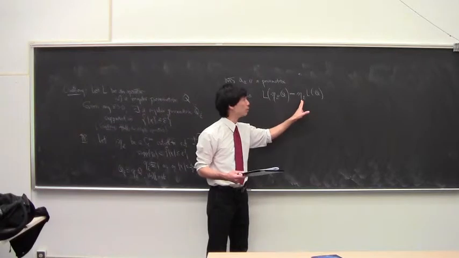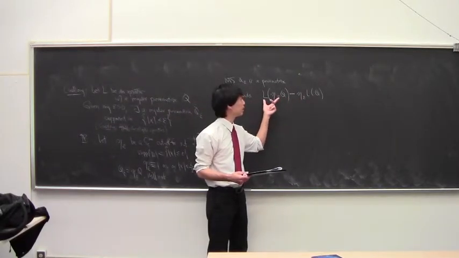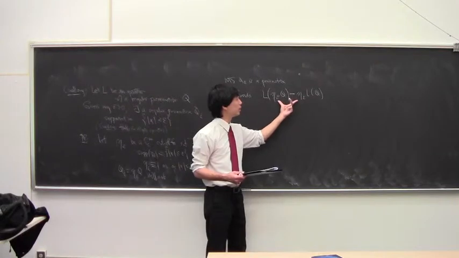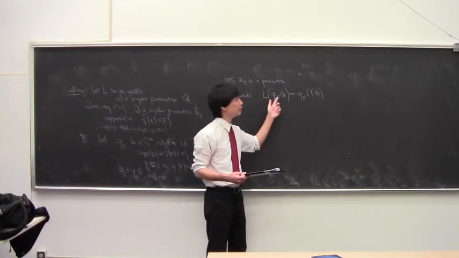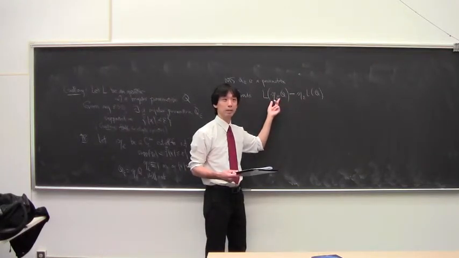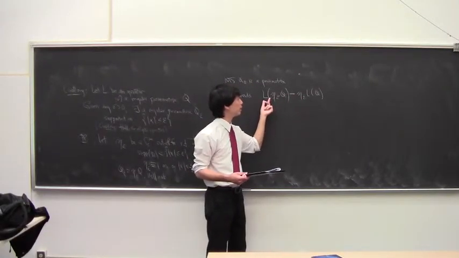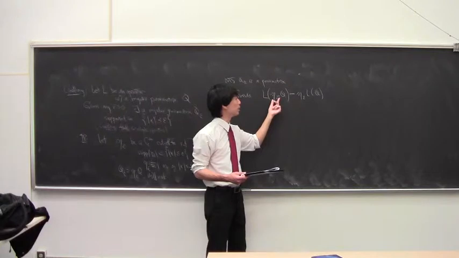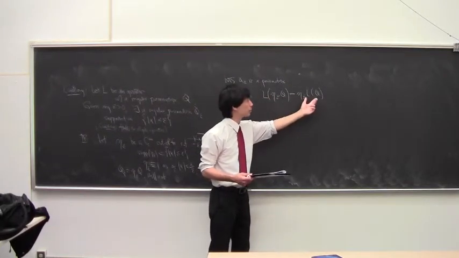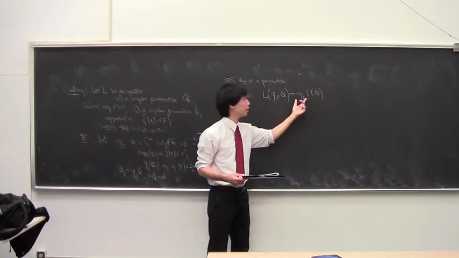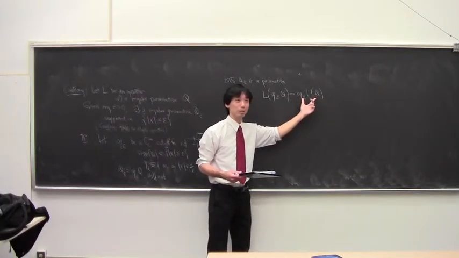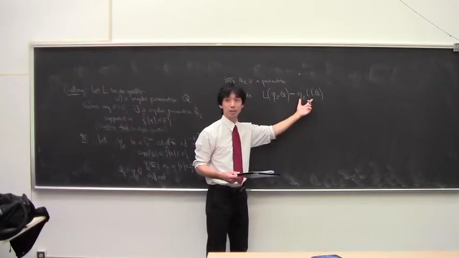So all the terms involving eta sub epsilon will be gone. The only things left in this expression are the things which involve derivatives of eta epsilon. The only terms involving eta epsilon itself are going to be contained here. In fact, these are all the terms involving eta sub epsilon.